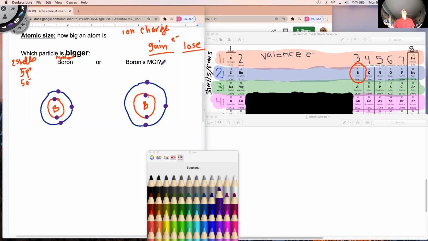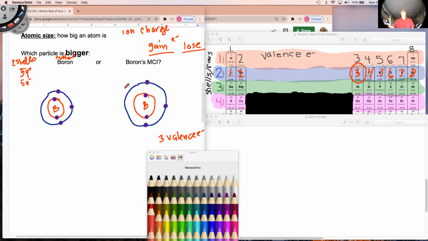But to find the MCI, remember that the outside orbital, orbital number 2, can have how many total electrons in that second shell? You can see that shell number 2 can have 1, 2, 3, 4, 5, 6, 7, 8 total electrons. Now, how many electrons does boron currently have? Boron currently has 3 valence electrons, or 3 electrons in the outside shell.